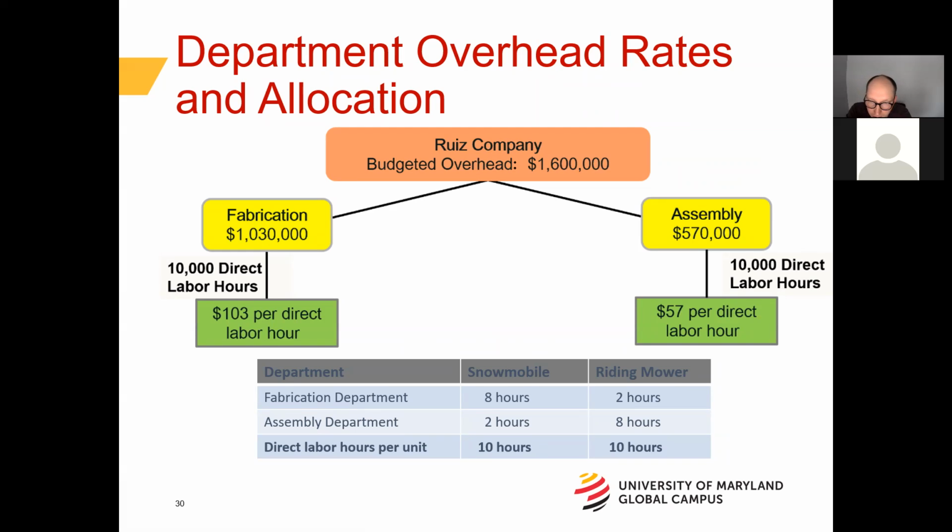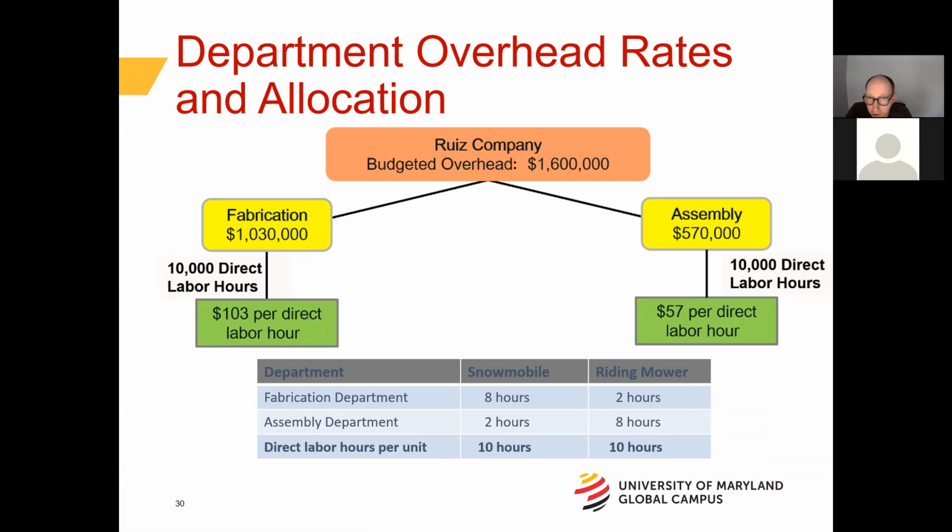You take the budgeted factory overhead for that respective department and divide by the direct labor hours for that department. So $1,030,000 divided by 10,000 is $103 per hour. $570,000 divided by 10,000 is $57 per hour.